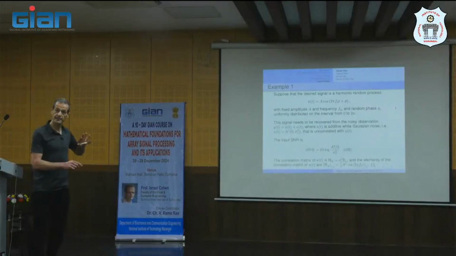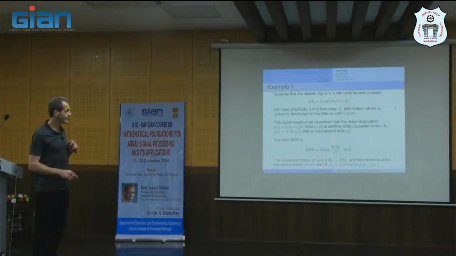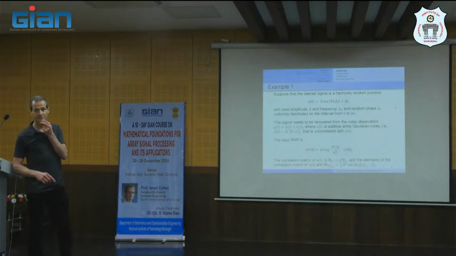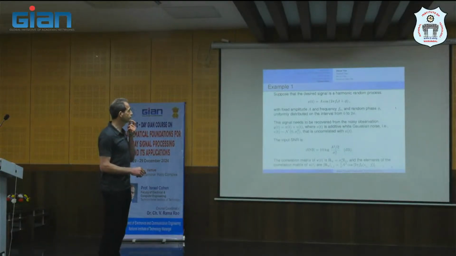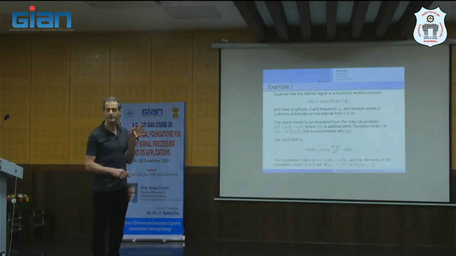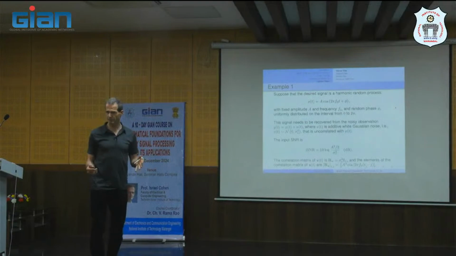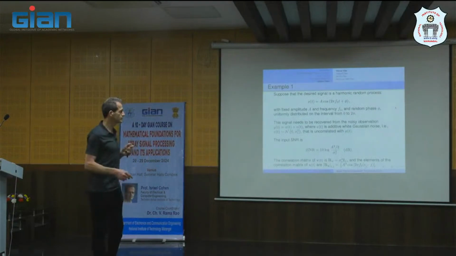In this example. Now, if we want to find Rx, Rx is more complicated. Maybe you can find Ry and subtract Rv from Ry based on samples of the measurements. This is one possibility.